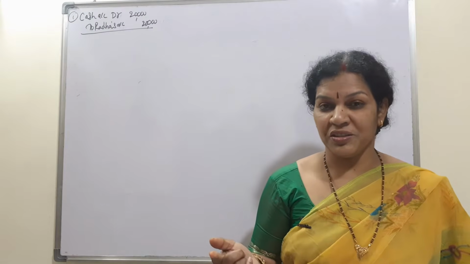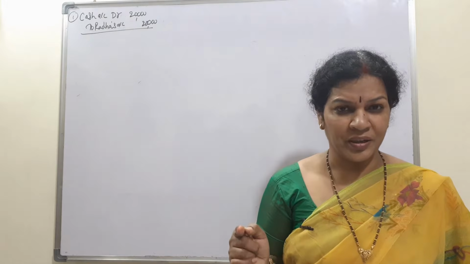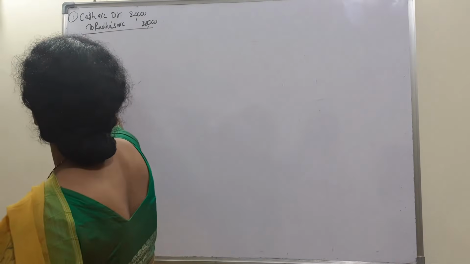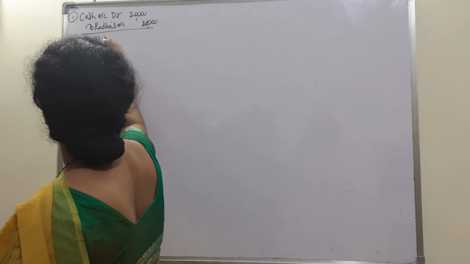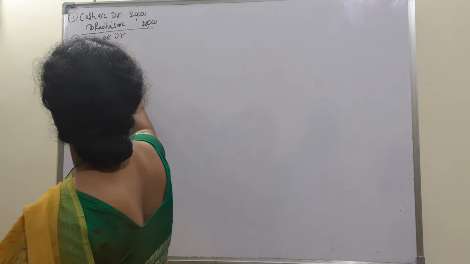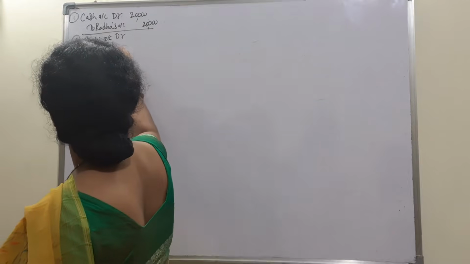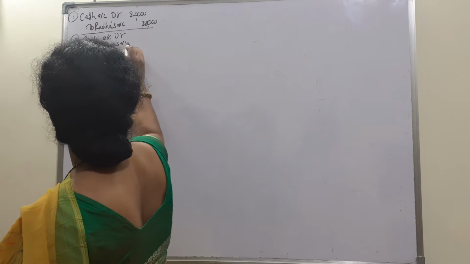As I told you, goodwill account debited to old partners' accounts. Who are the old partners? Sita and Geeta. Goodwill account debtor to Sita's account and Geeta's account.